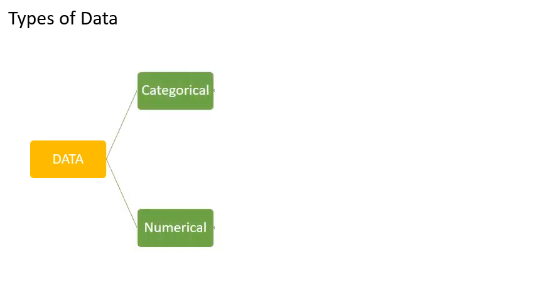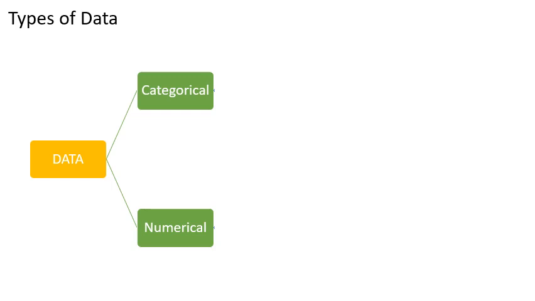First one is called categorical, and the second group is called numerical. Now, if the responses that you are giving to a question involve numbers, then the data is numerical. And if responses to a question are not numbers, then the data is classified as categorical.